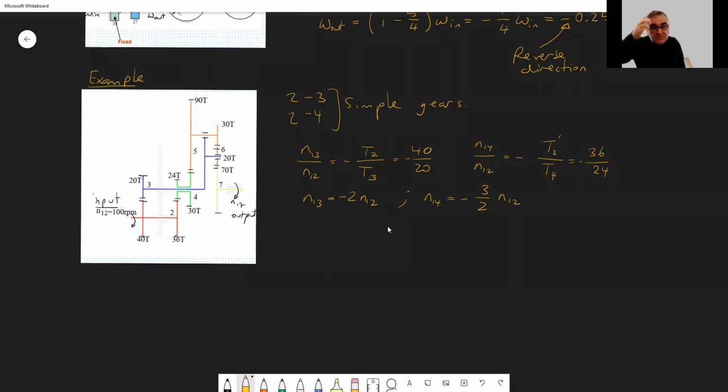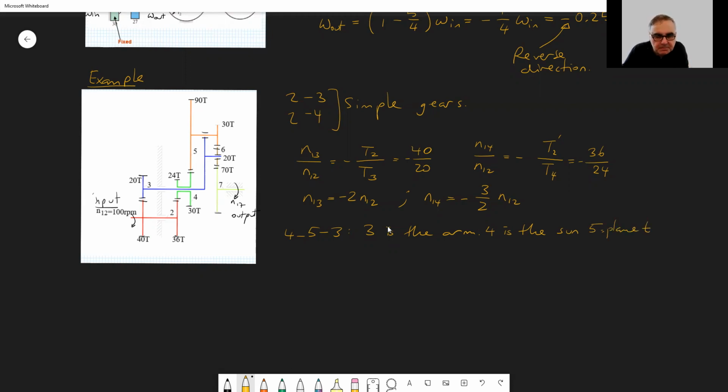Now we have to consider 4, 5, and 3. 3 is the arm, as you see. 4 is the sun, and 5 is the planet.